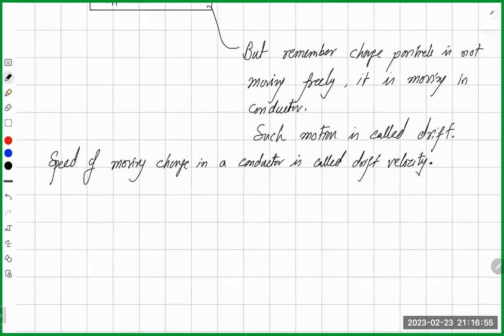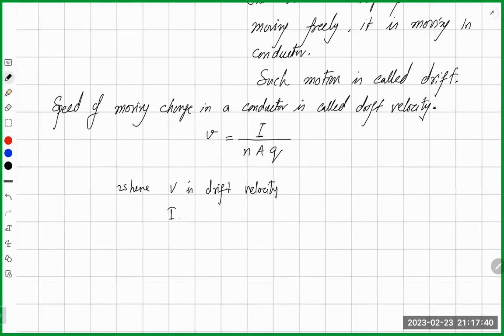velocity. If we go to the graveyard of our memory, we will find drift velocity in the syllabus of AS, where we did drift velocity equals to current divided by nAq, where v is drift velocity, I is current, A is cross-sectional area.